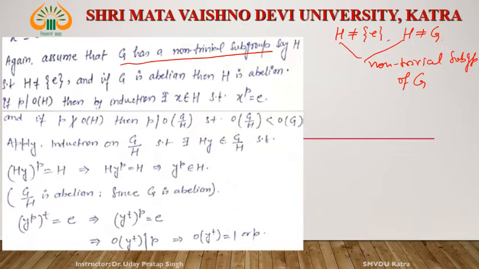Since H is a non-trivial subgroup, the order of H is less than the order of G.